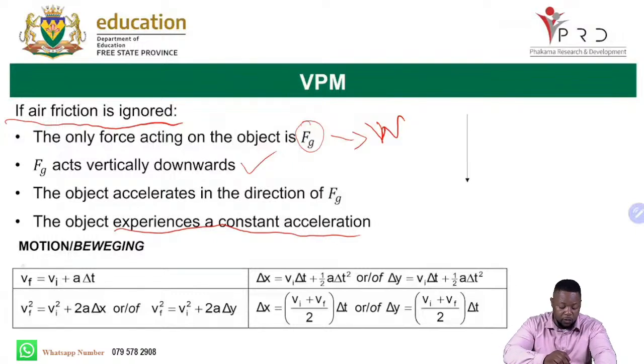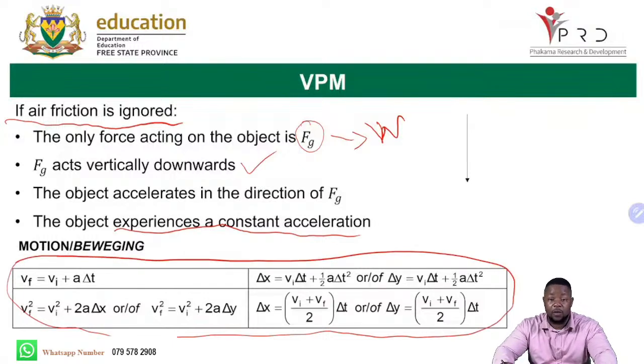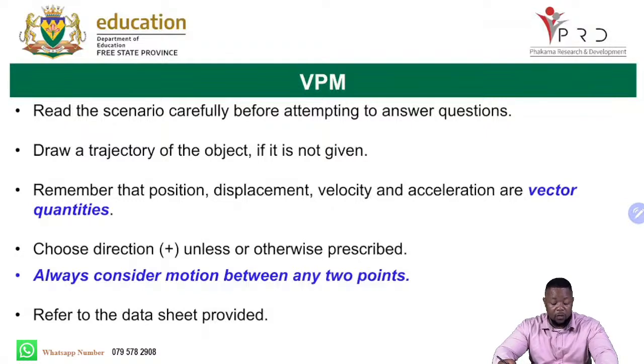The equations of motion are going to be used to do the calculations in vertical projectile motion, and these equations are only used because the acceleration is constant at 9,8 meters per second squared. We also need to read carefully before attempting to answer the questions.